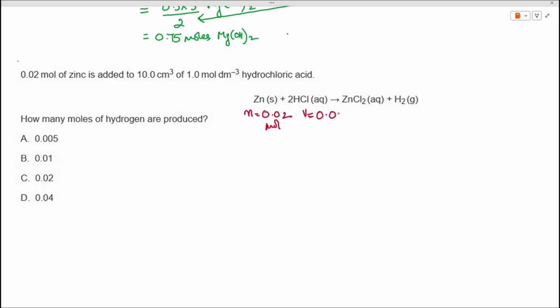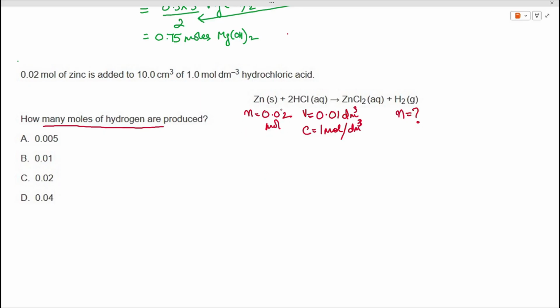So that gives us 0.01 decimeter cube. And the concentration given to us is 1 mole per decimeter cube. And now we are being asked to calculate the number of moles of hydrogen. So this is basically what we have to calculate.